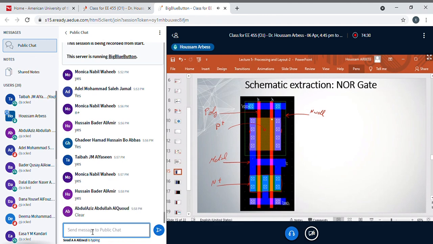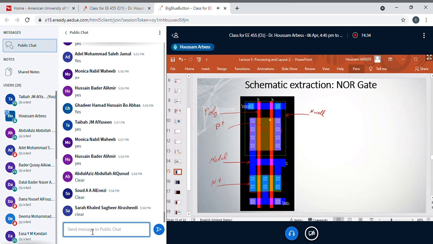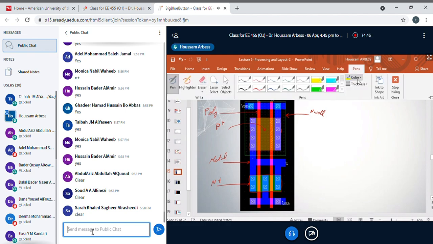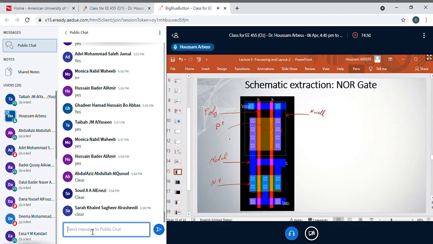Here I have polysilicon, so P plus will not be there under the polysilicon. And if I want to sketch the cross-section view, let's see if you can. This will be the last. I want to do the cross-section view along this line. I can do it.